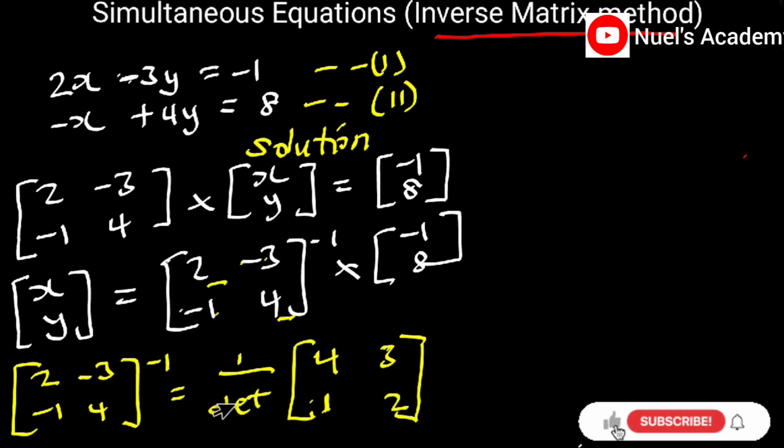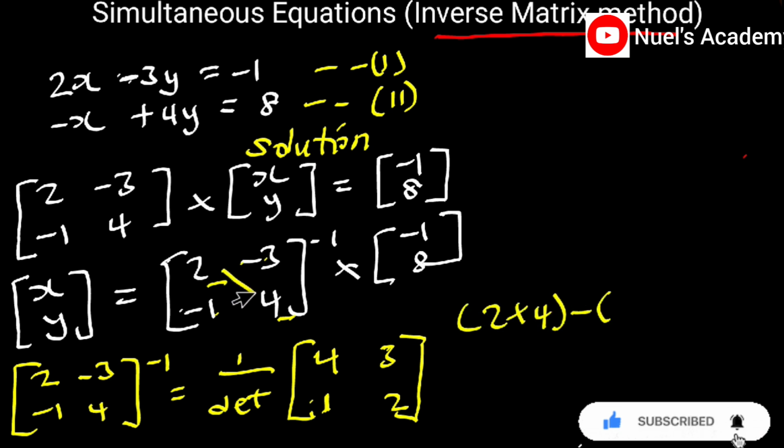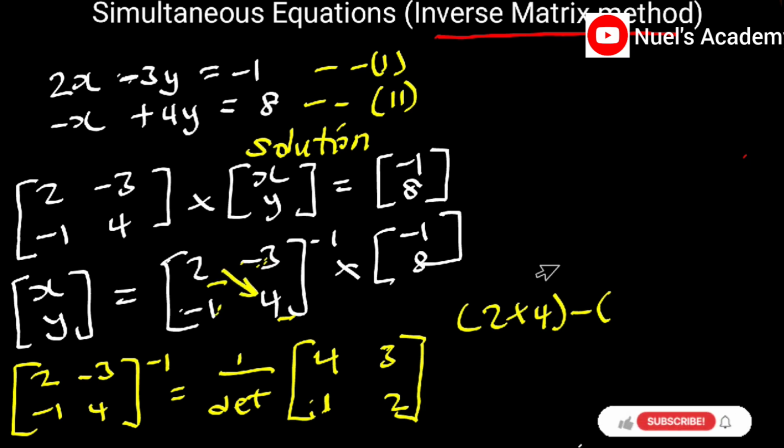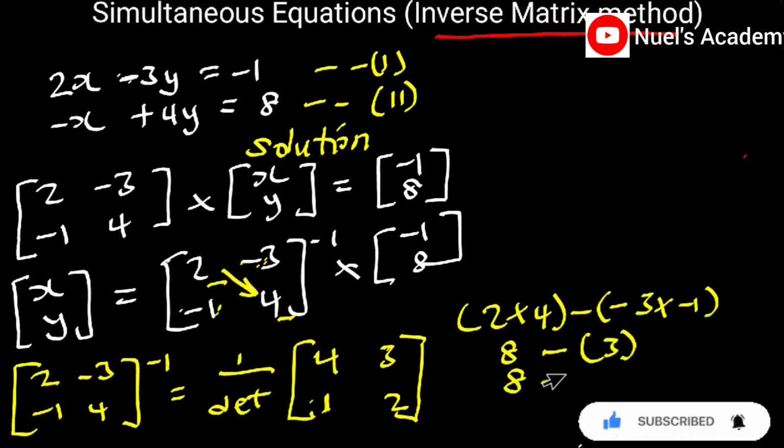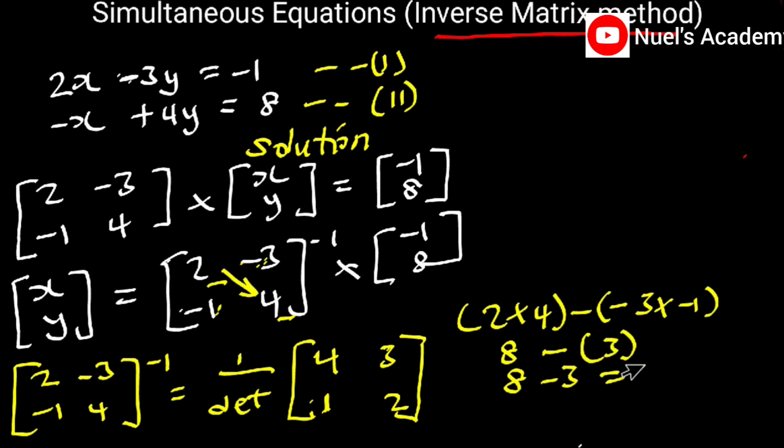So the determinant of this matrix is going to be equal to 2 times 4 minus the product of minus 3 and minus 1. So 2 times 4 is 8, minus negative 3 times negative 1, which is simply 3. And then 8 minus 3 is equal to 5.